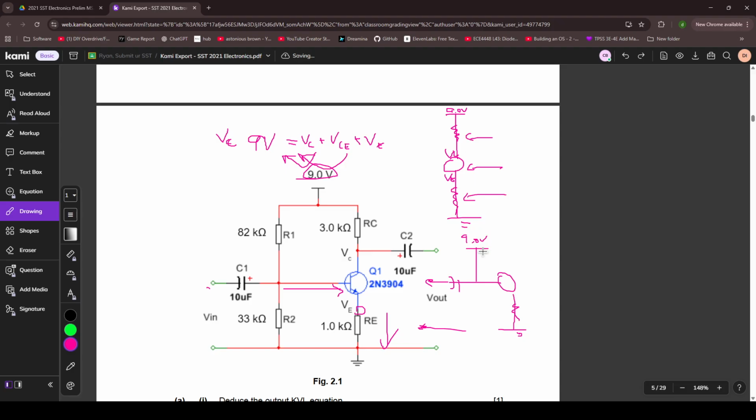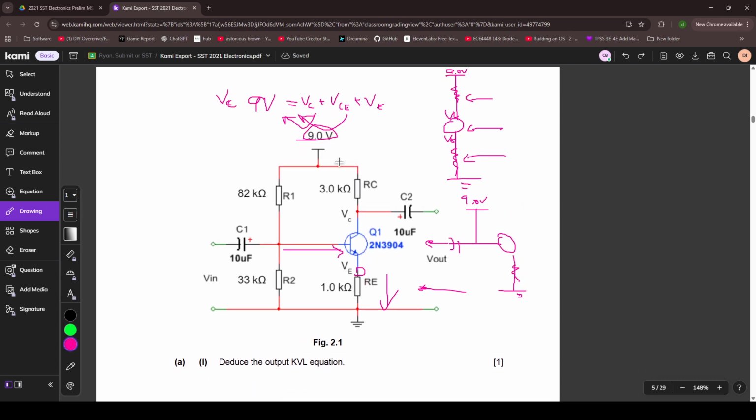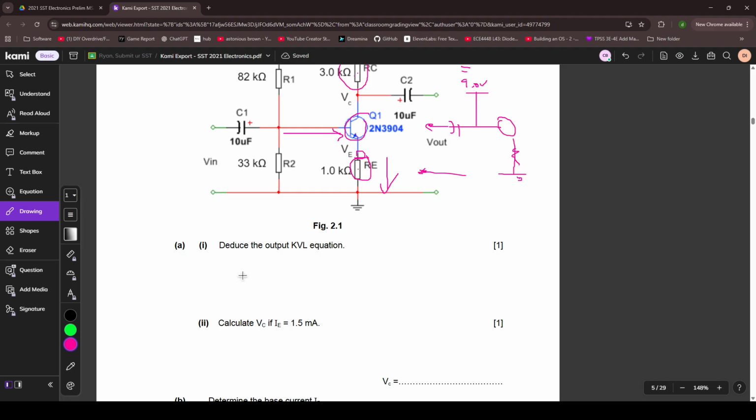Again, this is our syllabus. When they ask for KVL, you try to find where there's a complete circuit. It's here. Then can you deduce from this complete circuit the components that actually take up voltage? You can. Then you know KVL, because all these three voltages added together will equal the source, and then you can form your equation.